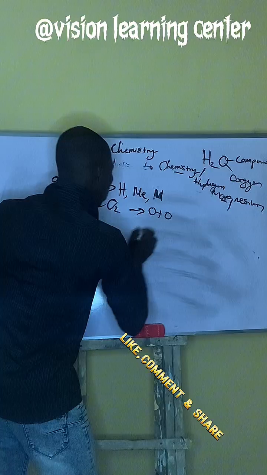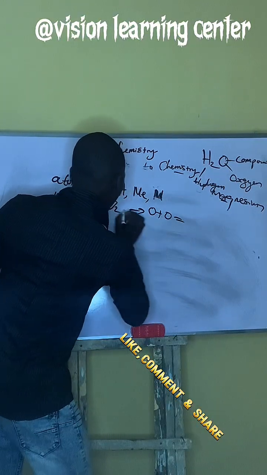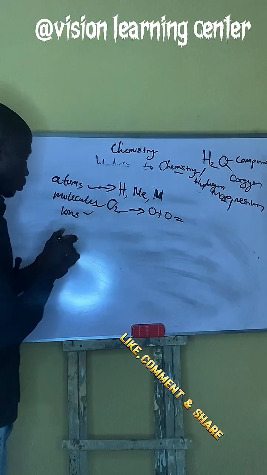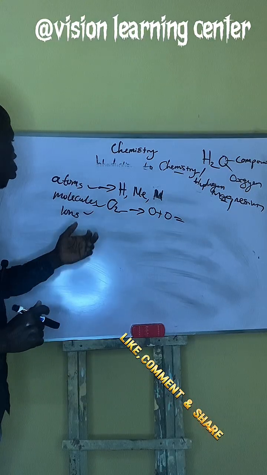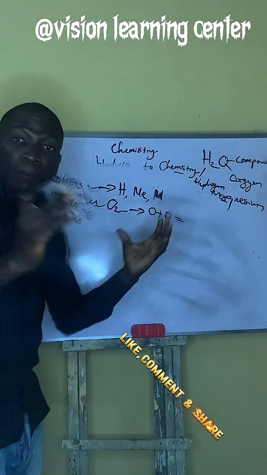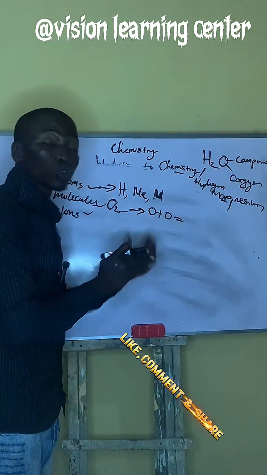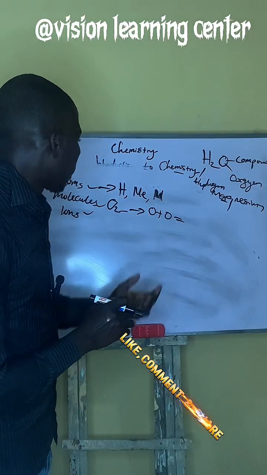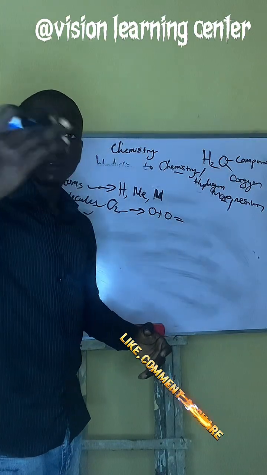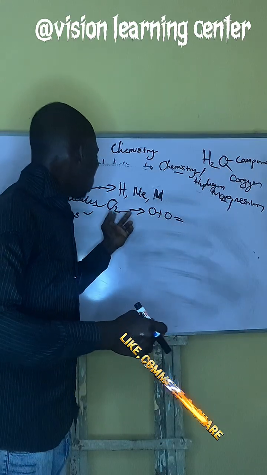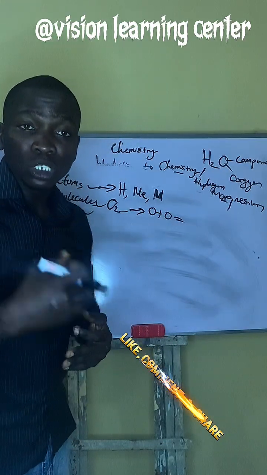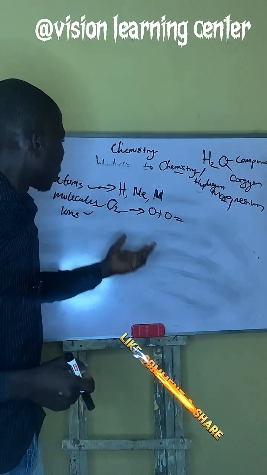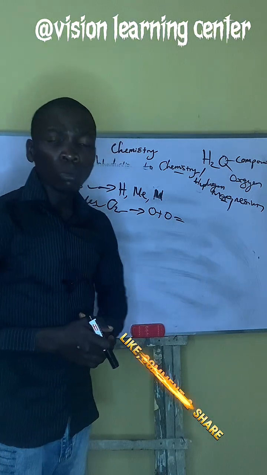Oxygen plus oxygen will give us O2. So when two or more atoms are bonded together, they are referred to as molecules. We have oxygen gas, we have nitrogen gas. They are molecules.